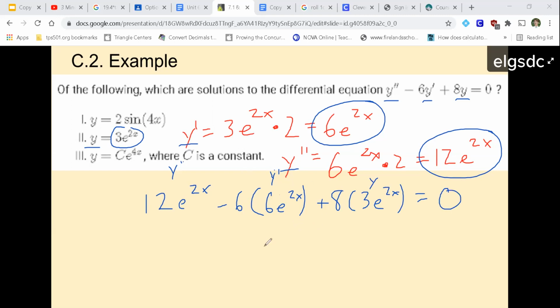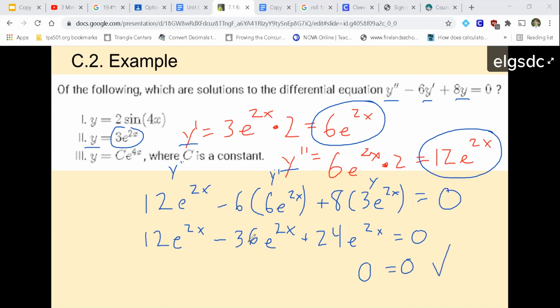Well, if we multiply this together, we get 12e to the 2x minus 36. 6 times 6 is 36. 8 times 3 is 24. And if we combine like terms, 12 plus 24 is 36, minus 36 is 0. So that is true.